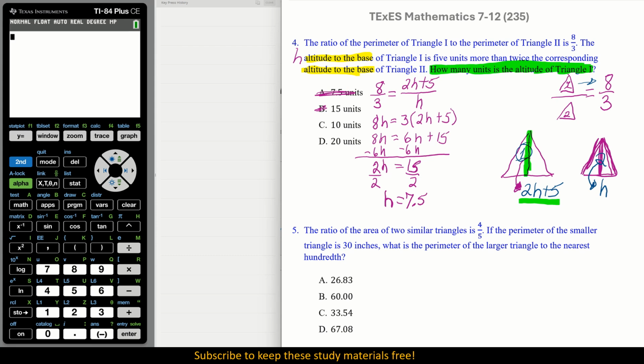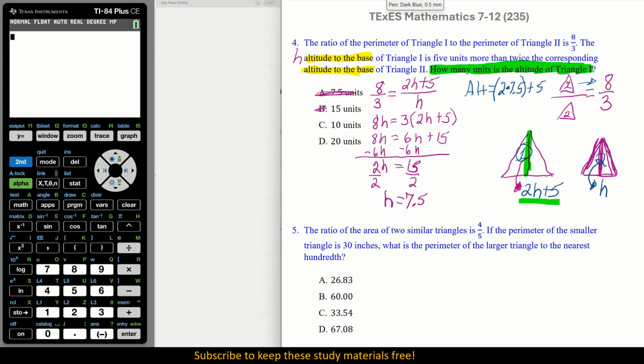You know what? Let me just change color. Okay. And we need that the altitude, I'm going to call that altitude, equals 2 times 7.5 plus 5. And that's multiplied. Okay, if we use parentheses around the multiplication, just to make sure, then we can put this in the calculator.